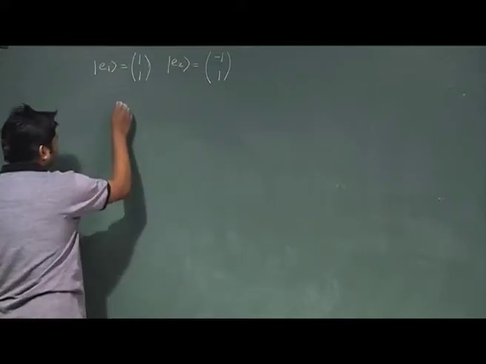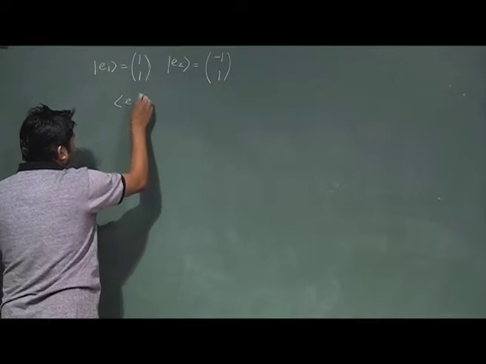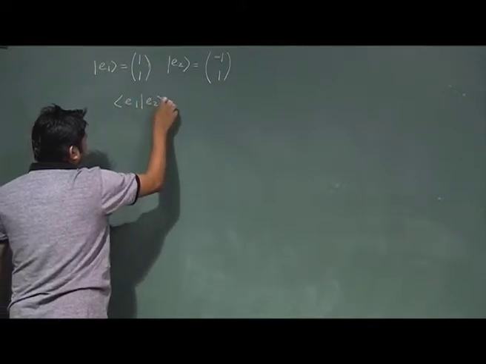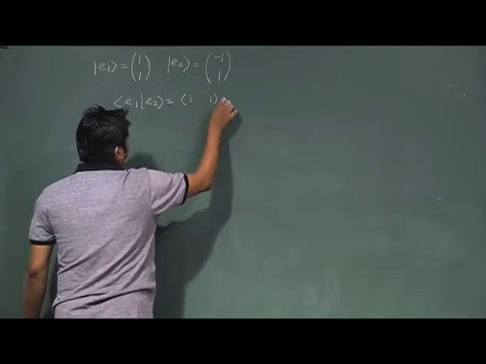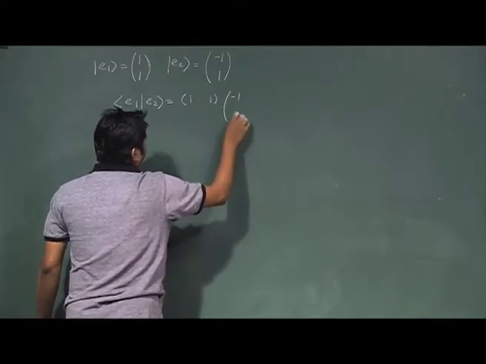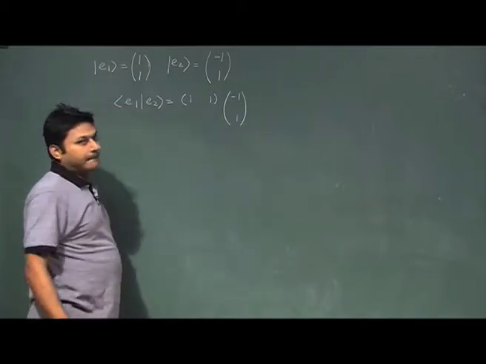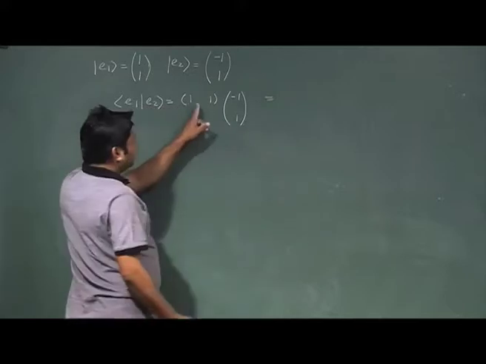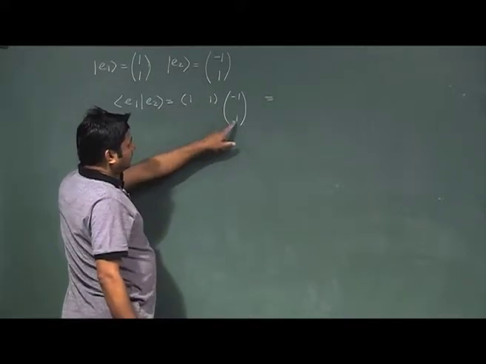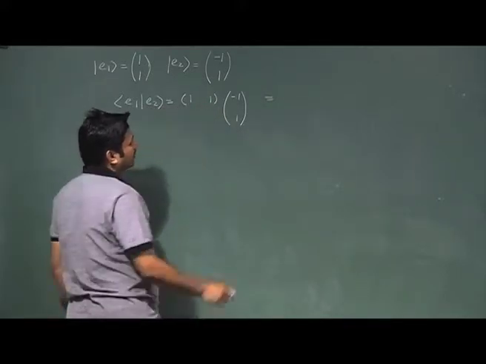So let us find out. If I find E1 E2, it will be 1 1 with minus 1 1. One multiplied by minus 1, 1 multiplied by 1, so minus 1 plus 1, it is 0.